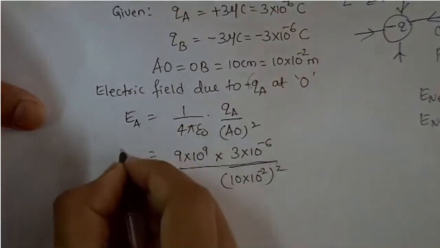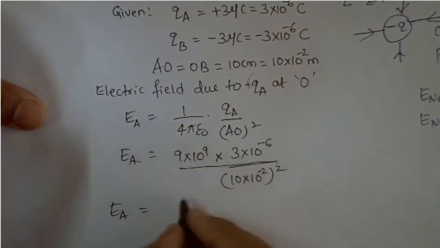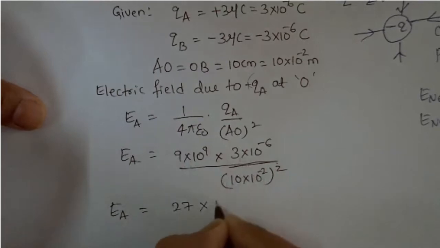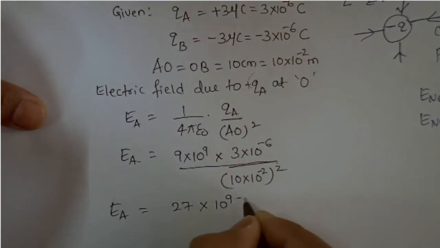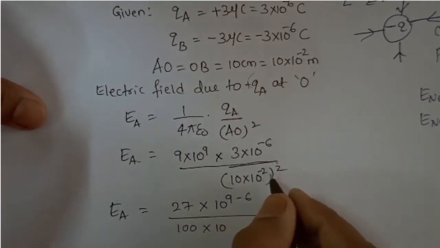Take an entire EA. Now it's very simple. 9 3s are 27, 27 into 10 raised to 9 minus 6 divided by, can I write 100 into 10 raised to minus 2 the whole square.